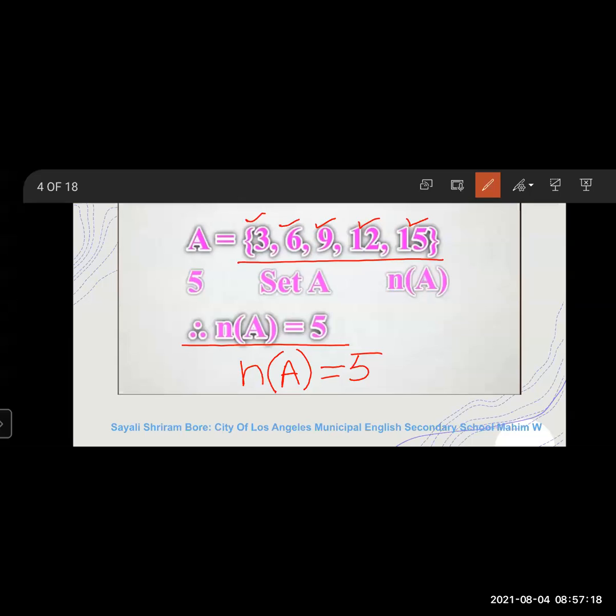Always the set should be in the listing form, only and only then you can carry out further action on it. Okay, so here A equals some elements, and the number of elements in the given set is represented by small n.